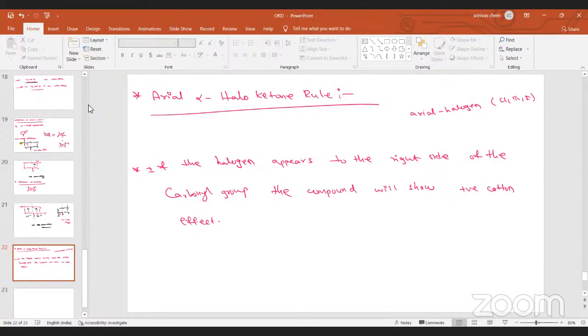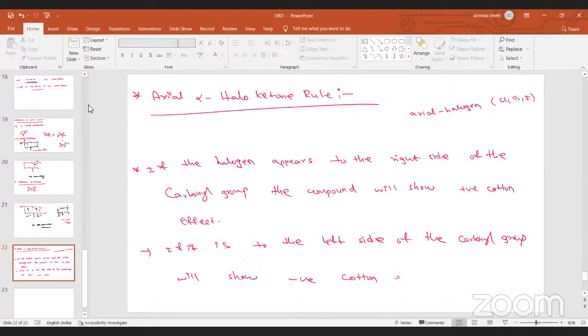If it is on the left side of the carbonyl group, the compound will show a negative Cotton effect.